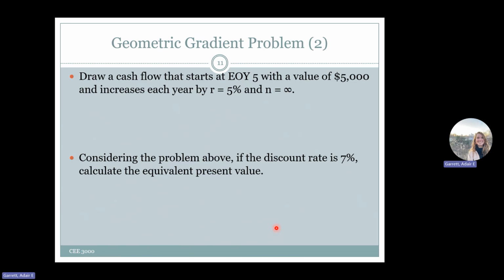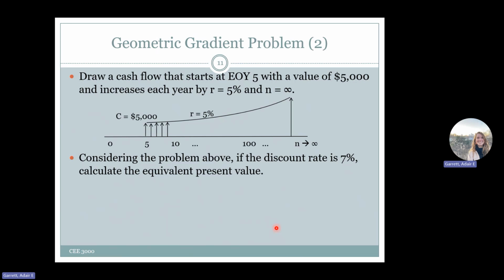So this problem asks us to first draw a cash flow that starts at end of year 5 with a value of $5,000 and increases each year by 5% at n equal to infinity. And then, considering the problem above with a discount rate of 7%, so I is equal to 7%, which is greater than our R, we're going to calculate the equivalent present value.